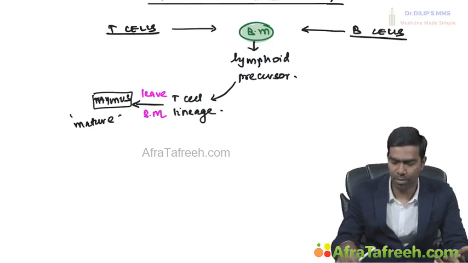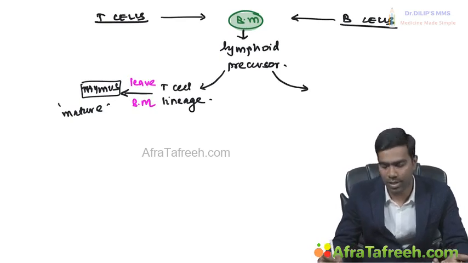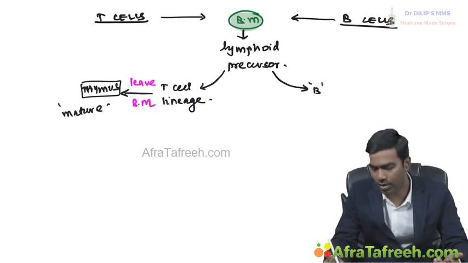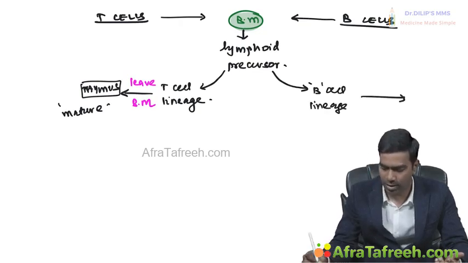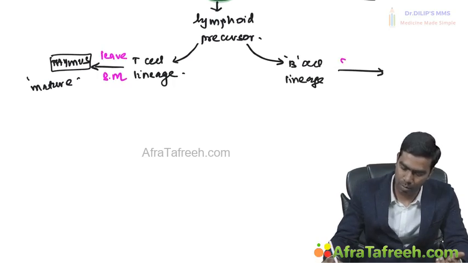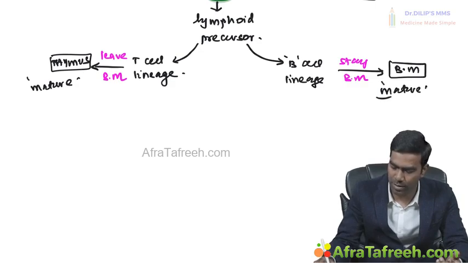A lymphoid cell which is not committed to the T cell lineage is going to get committed to the B cell lineage, which means it stays in the bone marrow, where it matures. So the maturation of the B cells happens in the bone marrow, and the maturation of the T cells happens in the thymus, while the origin of both happens in the bone marrow only.